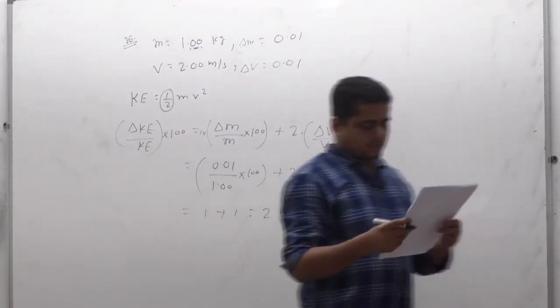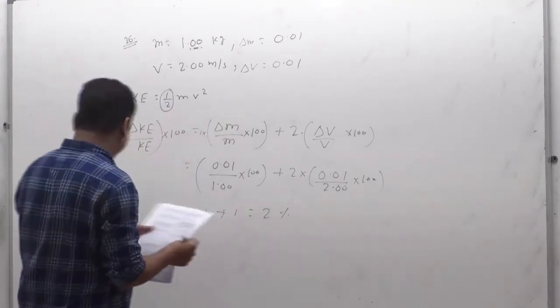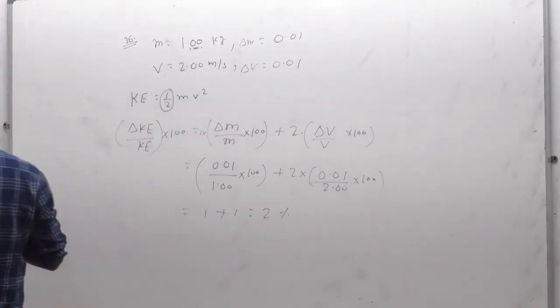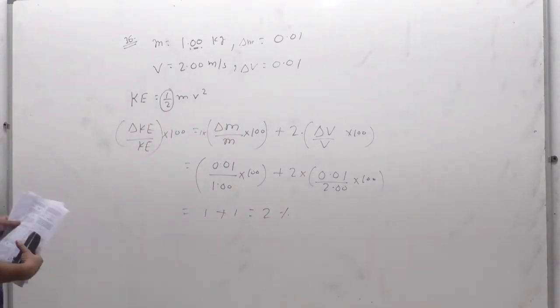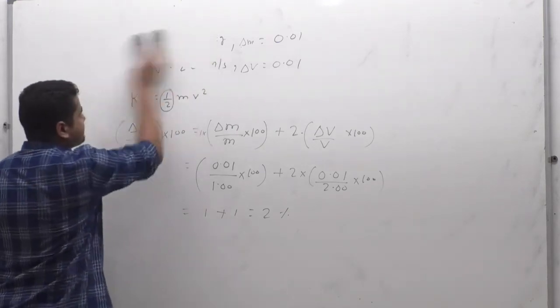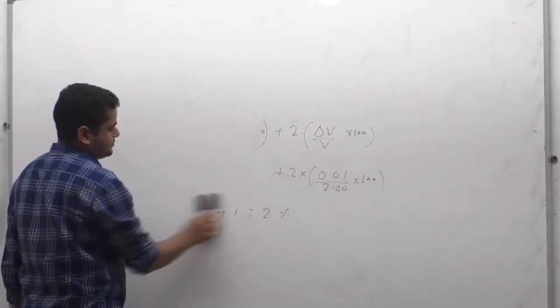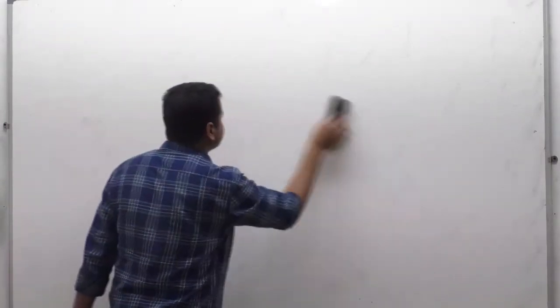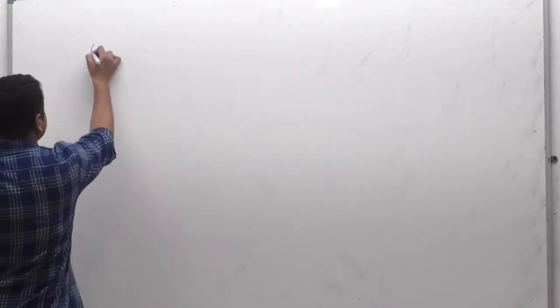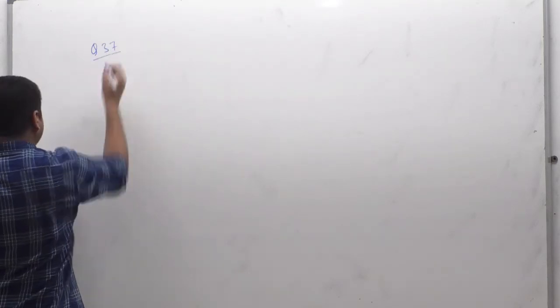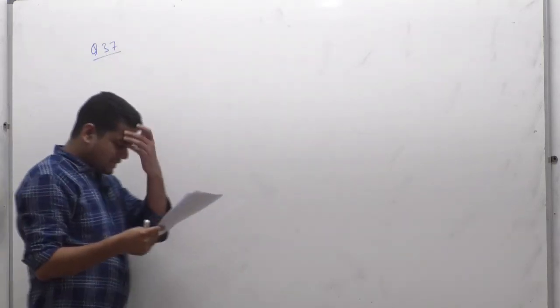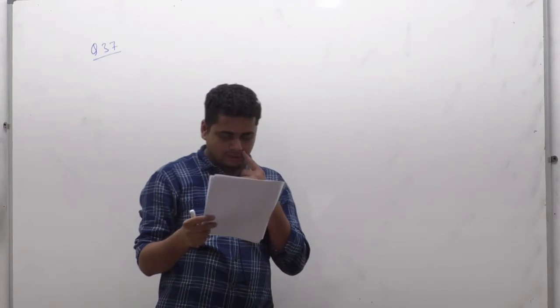Okay. Next question is 37. Clear, everyone? Question number 37: an NPN transistor is connected in a common emitter configuration in a given amplifier.